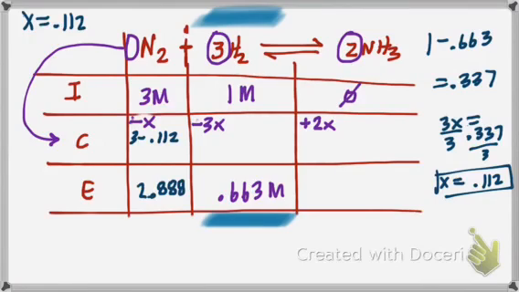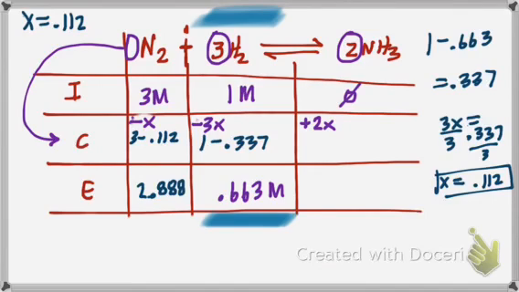We already know what 3x equals, and that's that 0.337. So all we have to do is put the 1 minus 0.337 because that's what we knew.